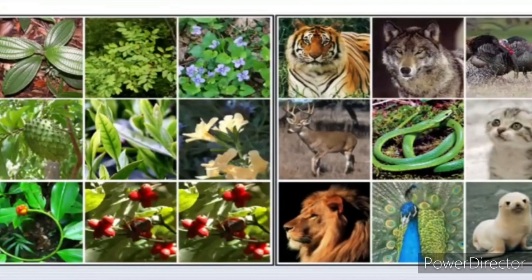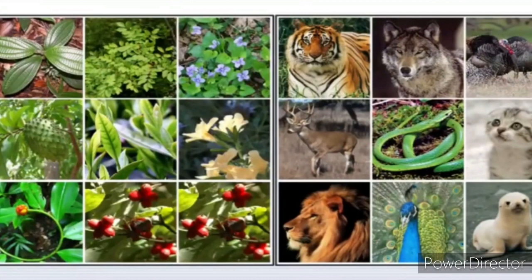Some organisms you can see with our eyes, and some you cannot see with our naked eyes, like the small organisms. If you increase the area, you can make different observations of the variety of organisms.